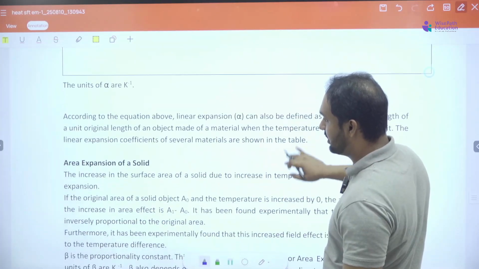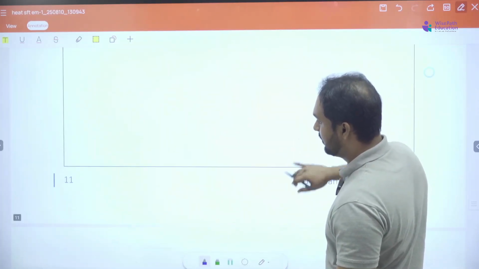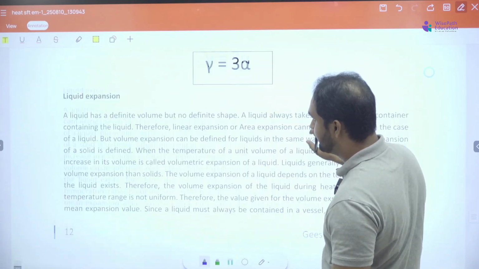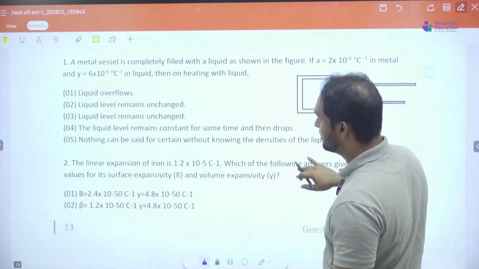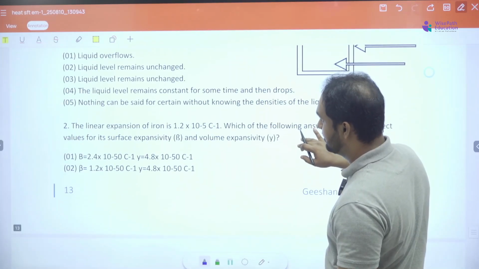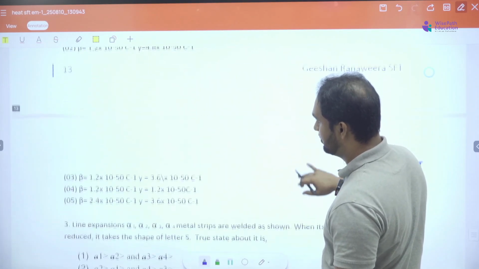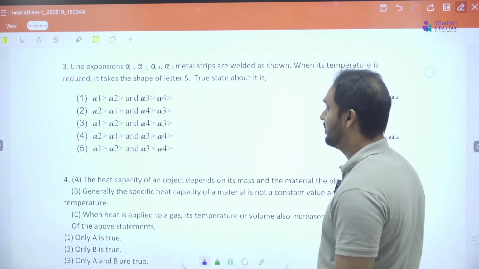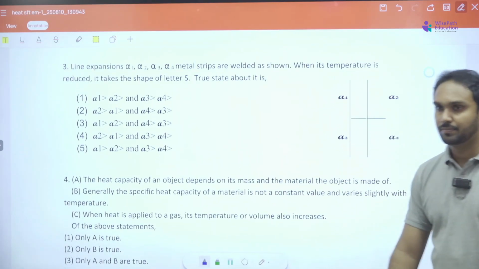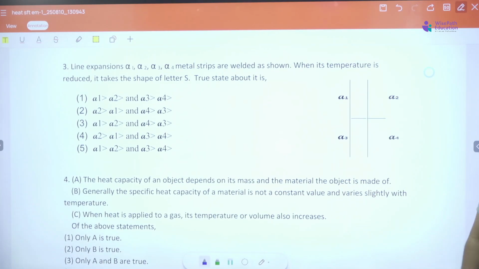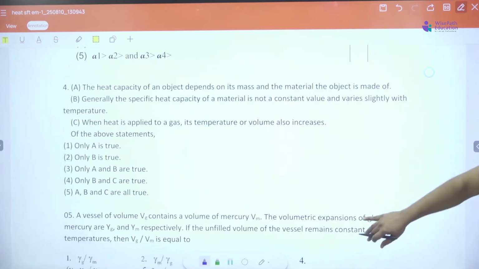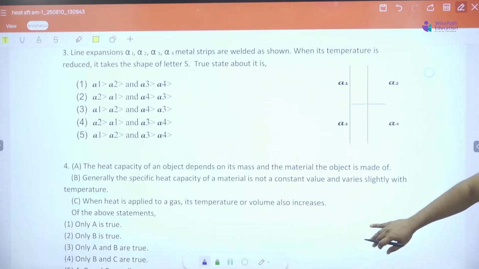Now come to the exercise. Where's the exercise? Thermal expansion. This one. Come to the third question, try doing it by yourself. That is on the last page.